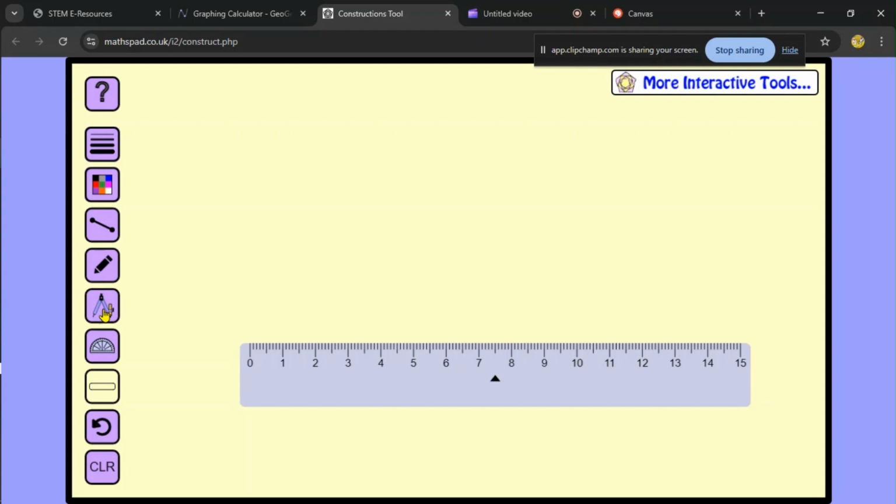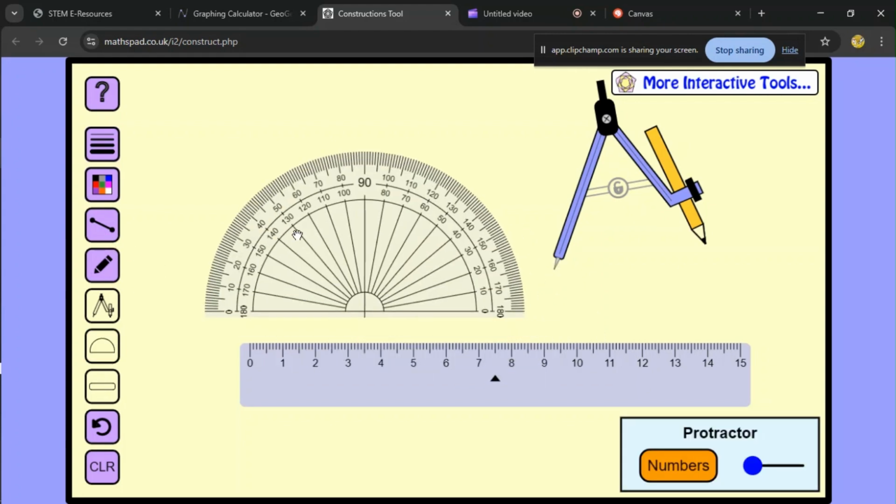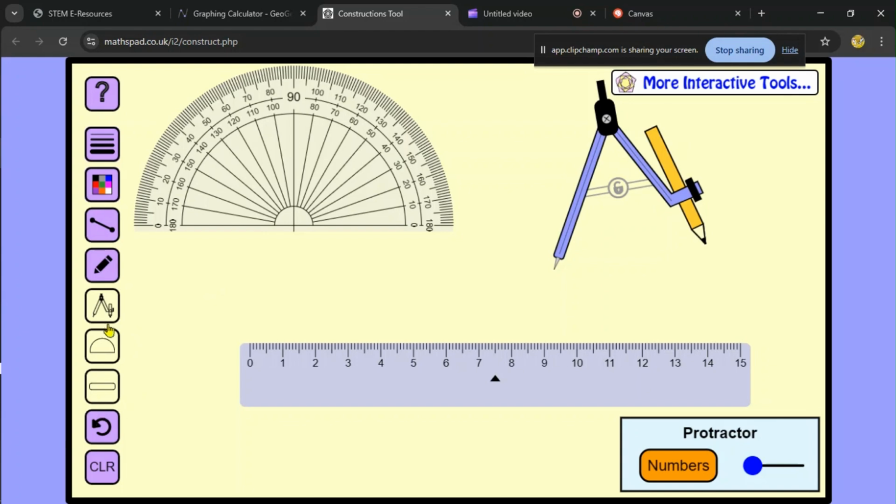At least have a compass. You have a pencil, of course, and this is my pencil. It's good to have a protractor. Yes, these three things. I'm going to use them.